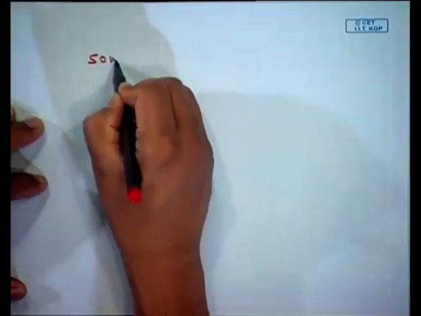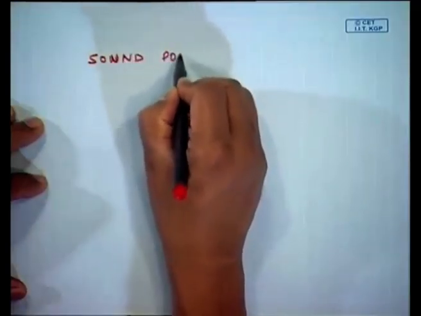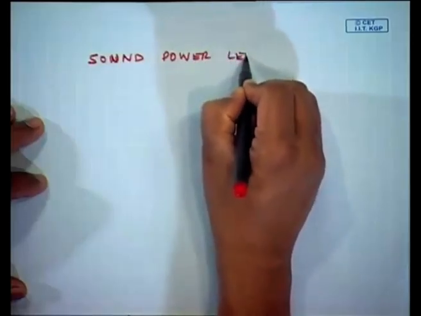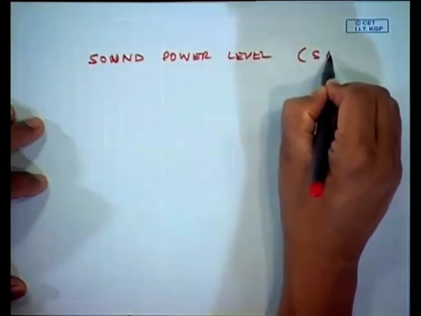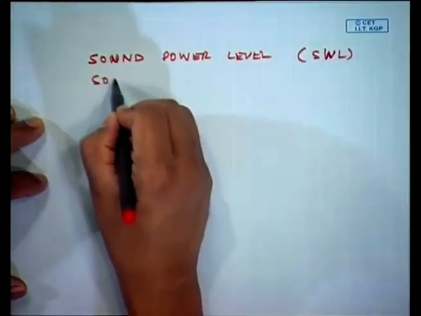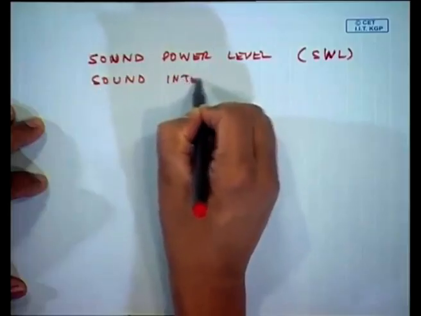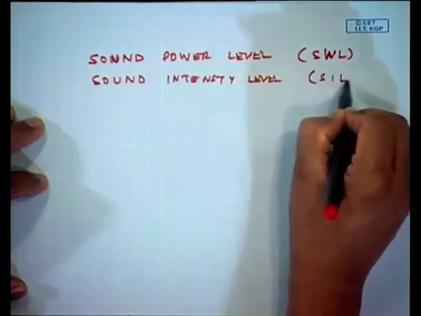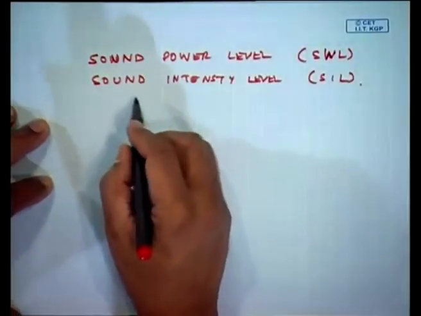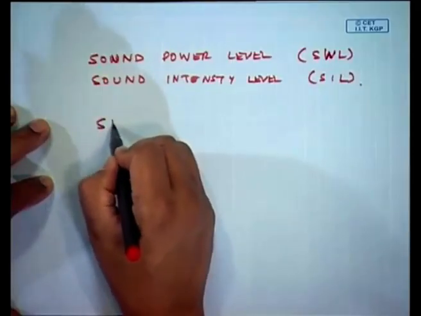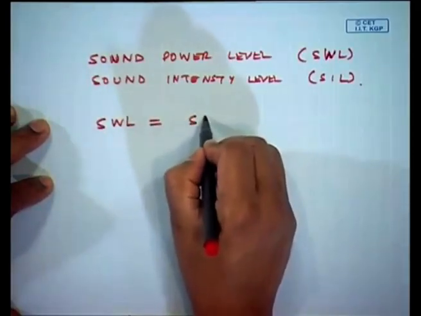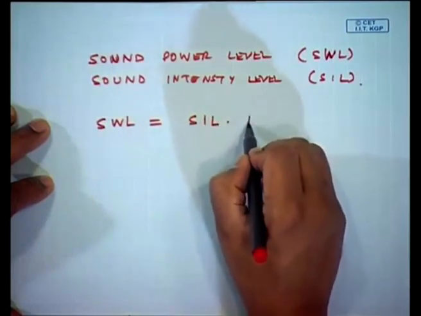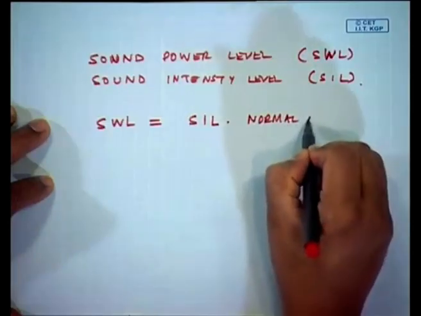There are a few other terms associated with the sound pressure level or in noise monitoring. One is the sound power level, denoted by SWL, and the sound intensity level, SIL. The sound power level is nothing but the sound intensity level times the normal area.